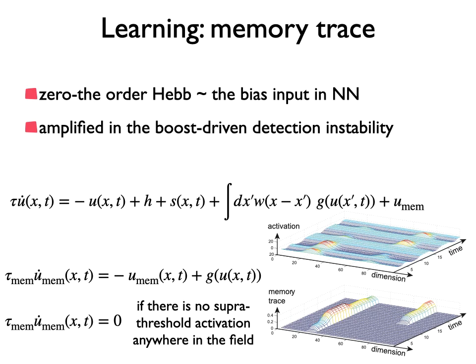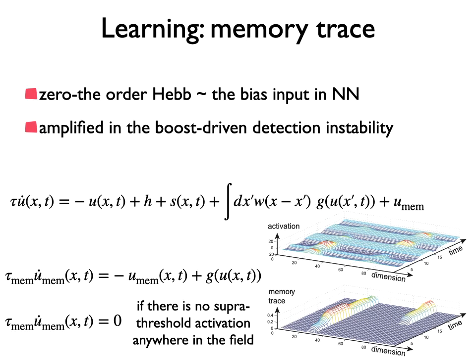And so the idea is that when you have a peak in the field at some point, then you lay down a memory trace in this memory trace field, which doesn't have interaction. It's just a memory low-pass filter of the field with a slower time scale. And that memory trace then activates the field through this input. So those of you who know about neural networks remember the bias term is one input that doesn't come from other neurons.